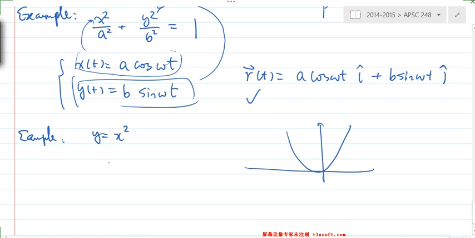Can anybody give me a solution based on what we have just discussed here? You need to come up with x of t equal to something, y of t equal to something, right? Okay?